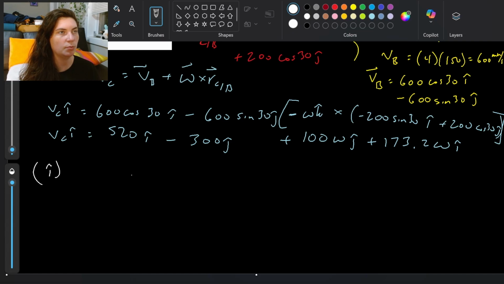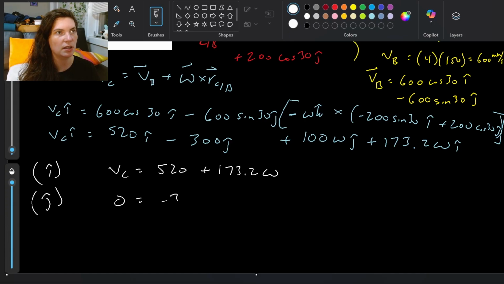For my i hat components, I'm going to have VC equals 520 plus 173.2 omega. And then the j hat components, I've got 0 equals negative 300. The other j I've got is plus 100 omega.